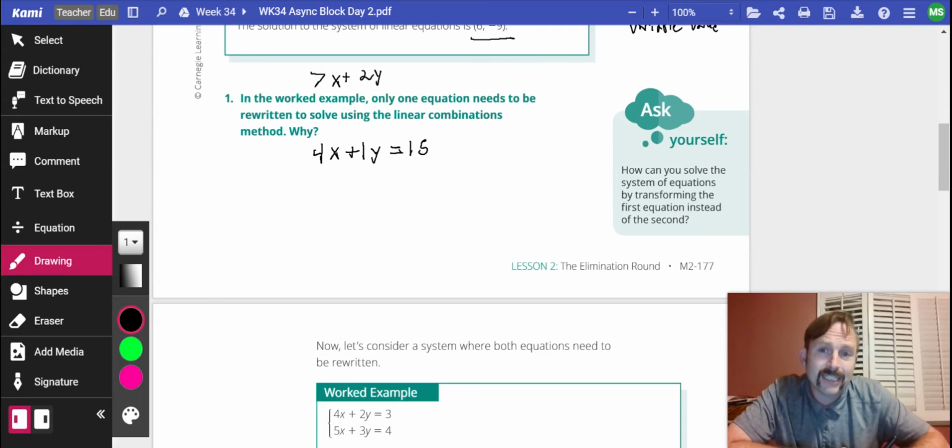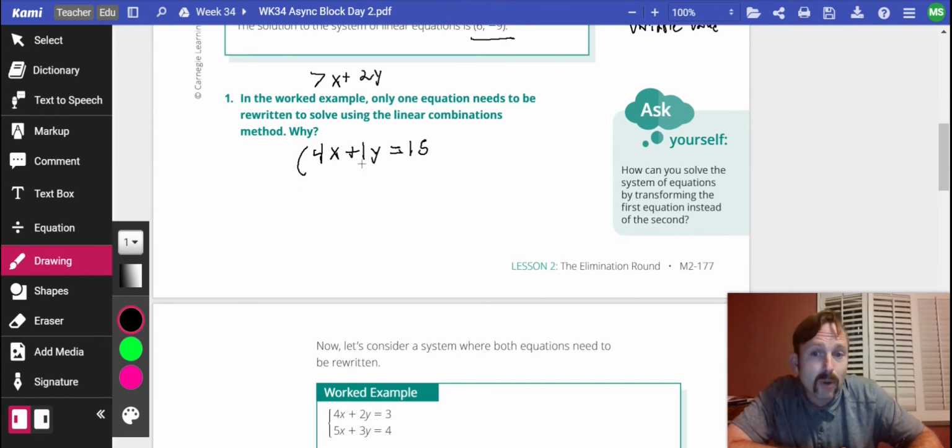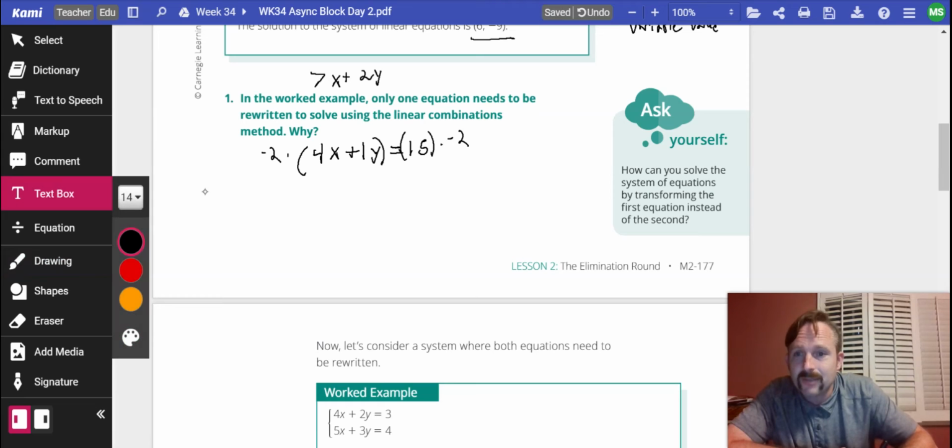By multiplying by -2 to both sides, let's actually type this.